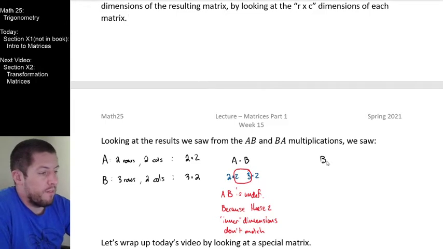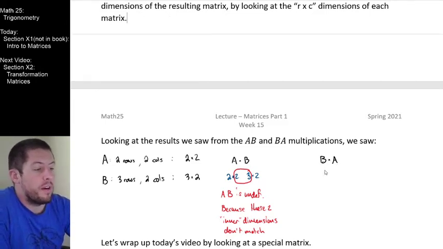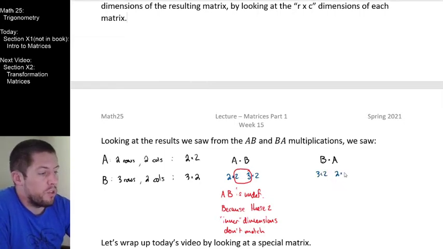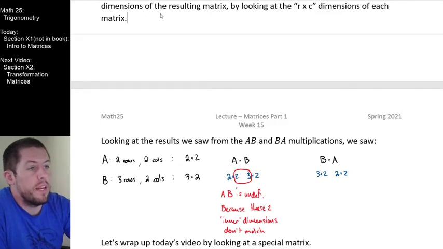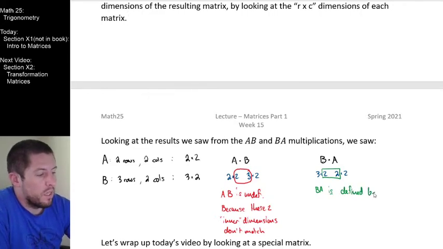On the other hand, if we are doing B times A, you should now notice that when we write our dimensions, B was a 3 by 2, A was a 2 by 2. Well, now you should see that our inner dimensions do match. And so therefore, this is a legal multiplication right there. BA is defined because the inner dimensions match.